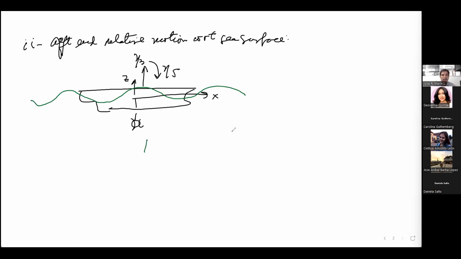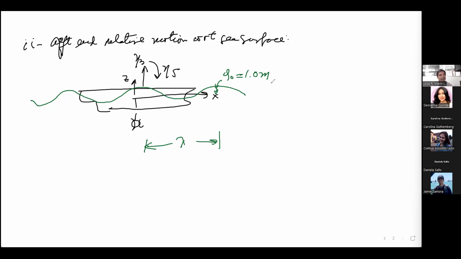So from here to here, this is lambda. This is zeta 0, and I'm going to take it as 1 meter. So everything that I calculate corresponds to the response for a wave amplitude of 1. By definition, that's the RAO directly.